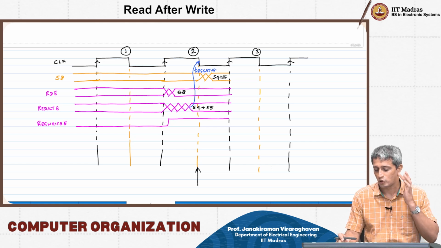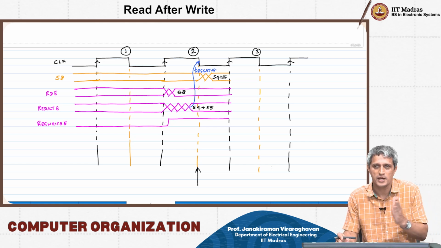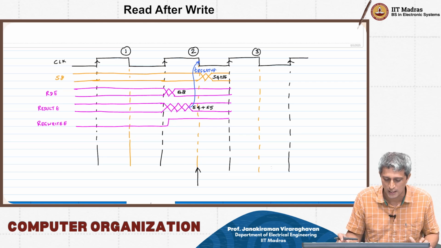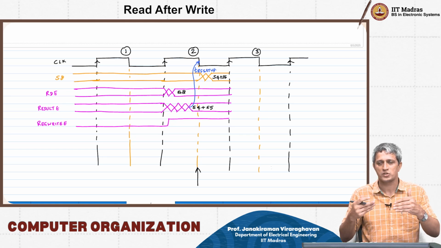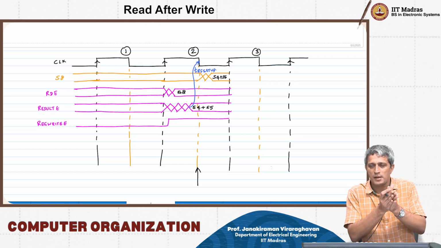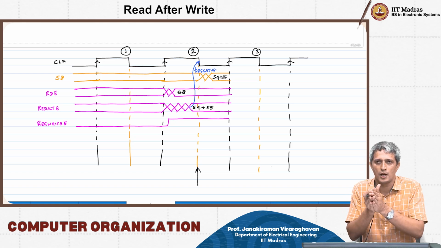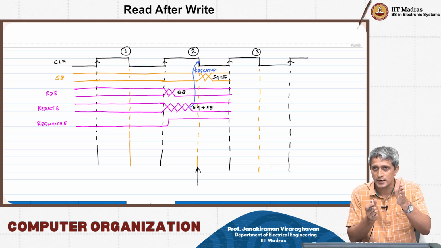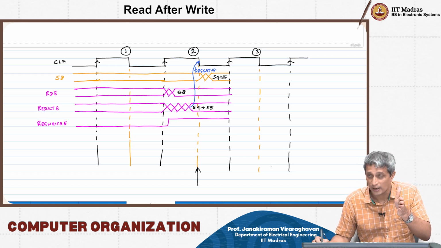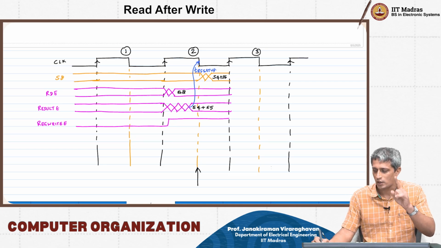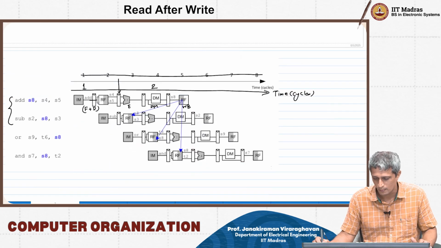And of course, remember that result E itself, how much time is that going to take? The source A, source B will be available TPCQ after the rising edge of the clock, because the rising edge of the clock is still what samples this flip-flop, right?